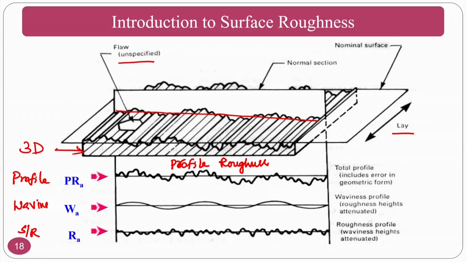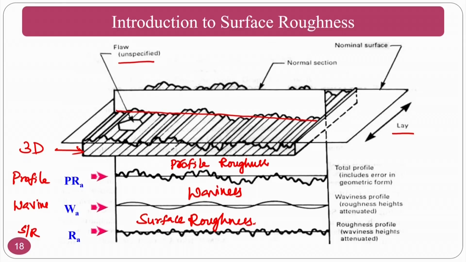If this high amplitude part is waviness and this is roughness, that is called surface roughness.